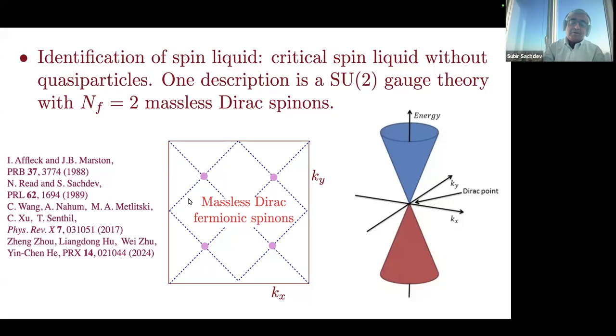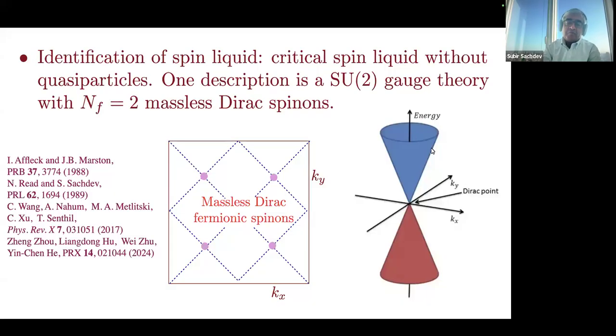And when you look at the dispersion of free fermions on pi flux on the square lattice, you get 4 Dirac nodal points. So that's very similar to electrons moving on a honeycomb lattice in graphene, giving you 2 Dirac nodes. Here also there's only 2 because of the pi flux.